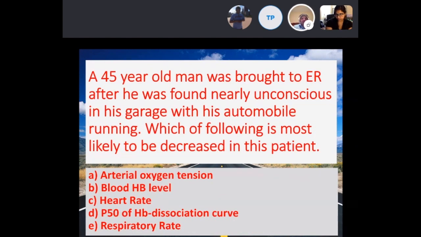A 45-year-old man was brought to the ER after he was found nearly unconscious in his garage with his automobile running. Which of the following is most likely to be decreased in this patient? Arterial oxygen tension, blood hemoglobin levels, heart rate, P50 of hemoglobin dissociation curve, or respiratory rate.